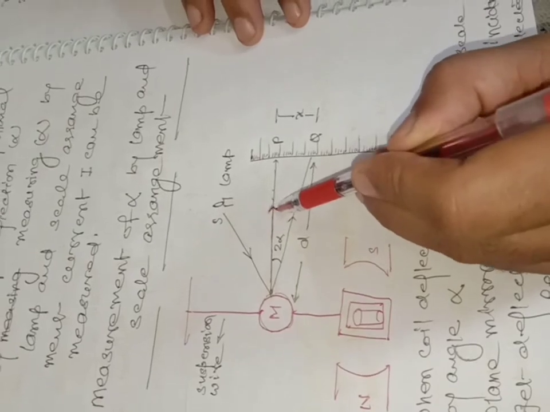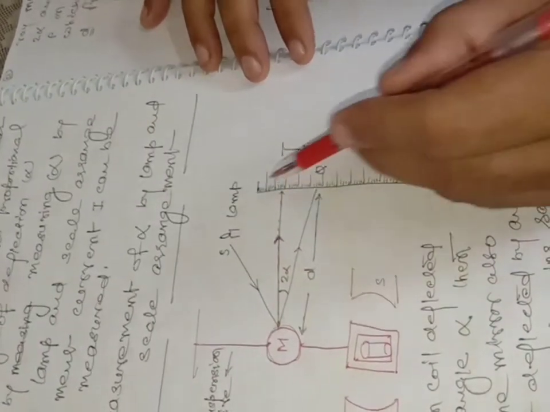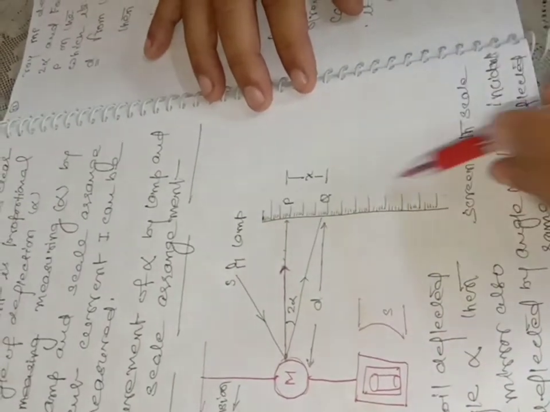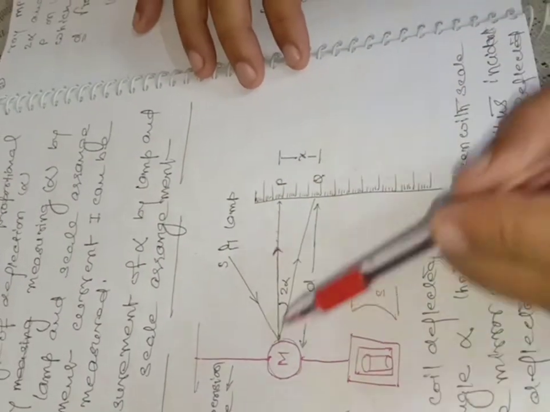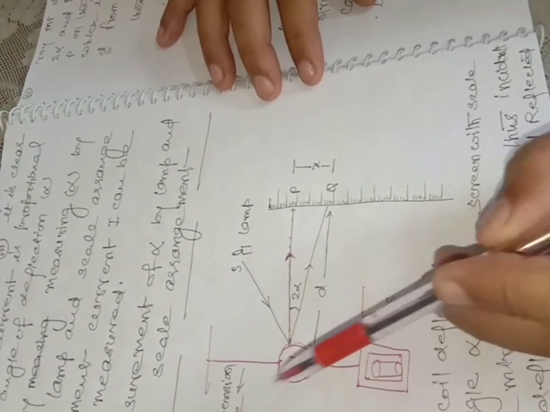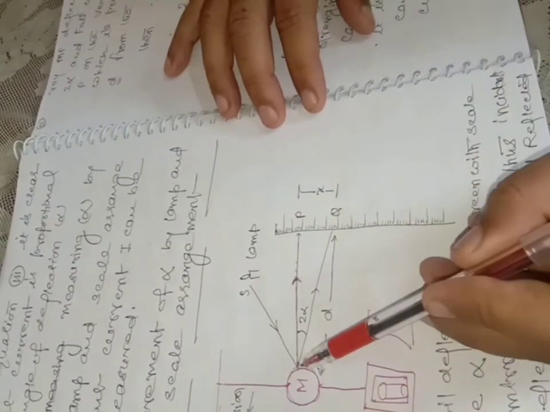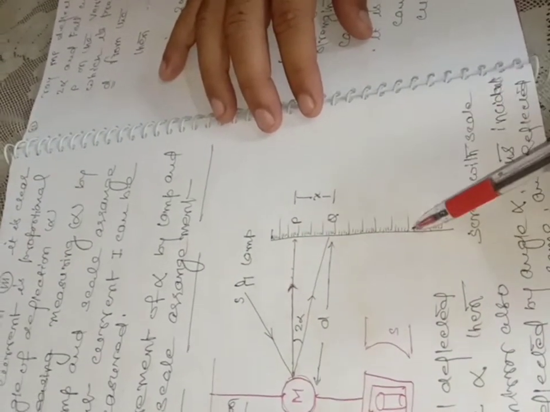Correct now? The initial reflected ray is reflected towards P, and here is a vertical scale. When this plane mirror rotates by angle alpha, suppose the angle of twist is alpha, then the reflected ray MP rotates by angle 2 alpha and is incident at point P on the scale.